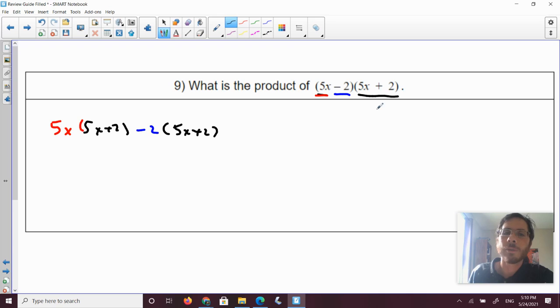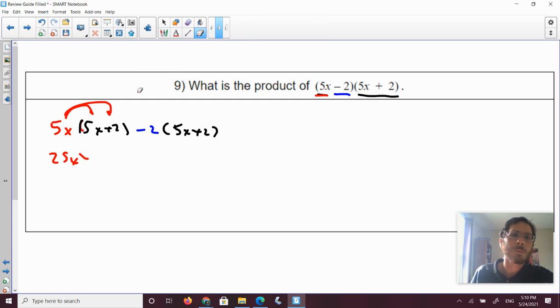So you can see the 5x plus 2 is shared in both of them. That doesn't change. We're going to distribute. So 5x times 5x is 25x squared. And then when we distribute the 5x with the 2, 5x times 2 is 10x. Minus 2 times 5x is minus 10x. Negative 2 times 2 is negative 4.